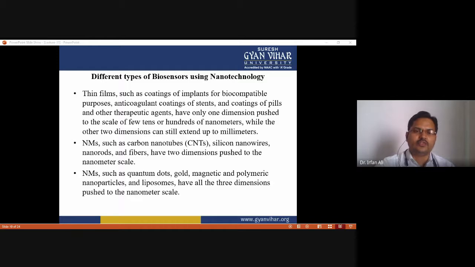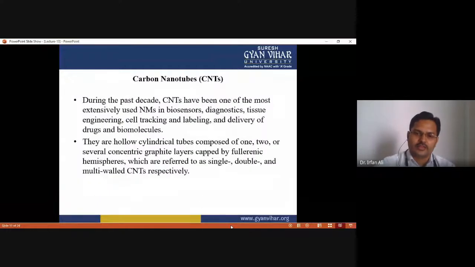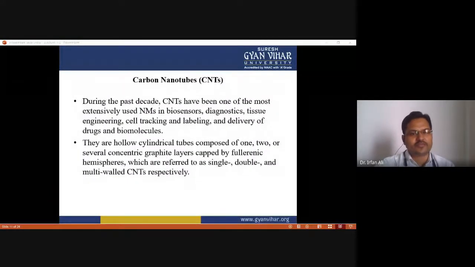So that's why the use of nanoparticles can improve the bioavailability and pharmacokinetics of therapeutics, and they take the drug directly to the target site of the disease in the body by avoiding exposure of healthy tissue. Okay, so that's why nanoparticles can be used to enhance the sensitivity of biosensors.